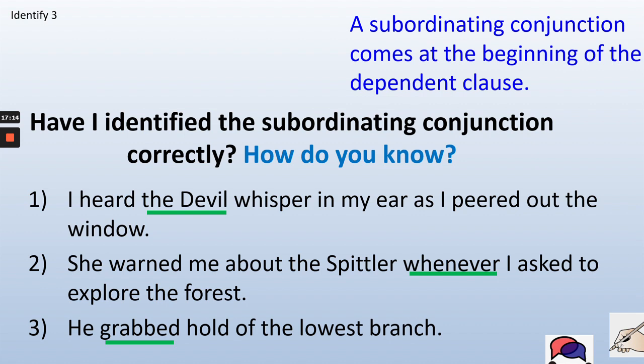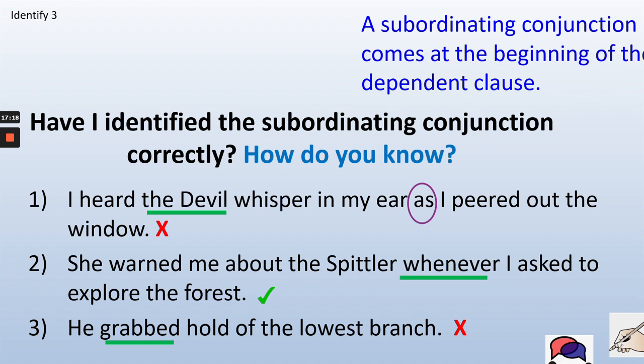Fantastic. Have you spotted the subordinating conjunction? Let's see. Number 1, I hope you gave it a cross because as is the subordinating conjunction, not the devil. Devil is a noun. I heard the devil whisper in my ear. That is the main clause.